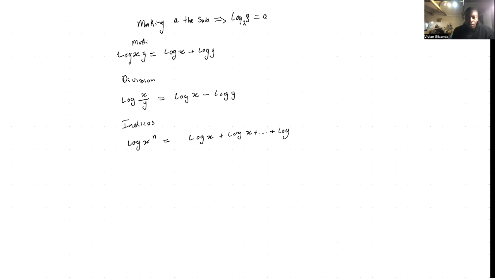You're going to repeat this until you reach n times. So this simply results in n log of x. In other words, you can just take the n in front of the log.